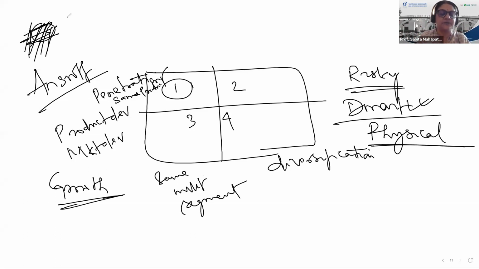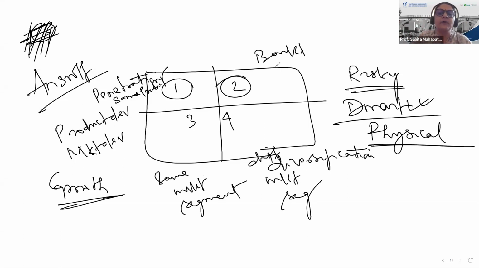That's penetration. The second is where your market changes. So it is a different market or segment, and the product remains the same. Let us take the example of a company where the product remains the same. For example, let us say an ATM.